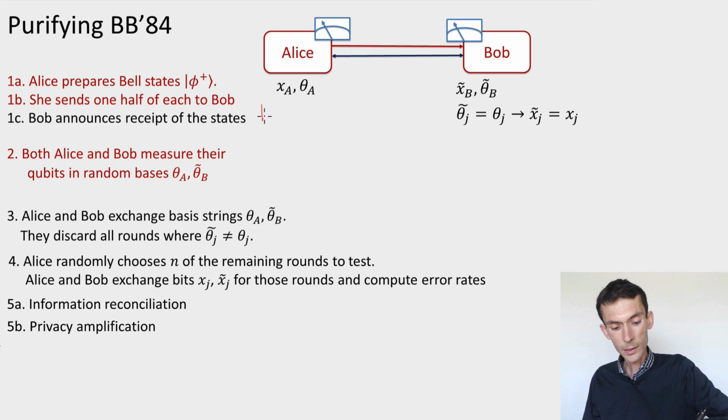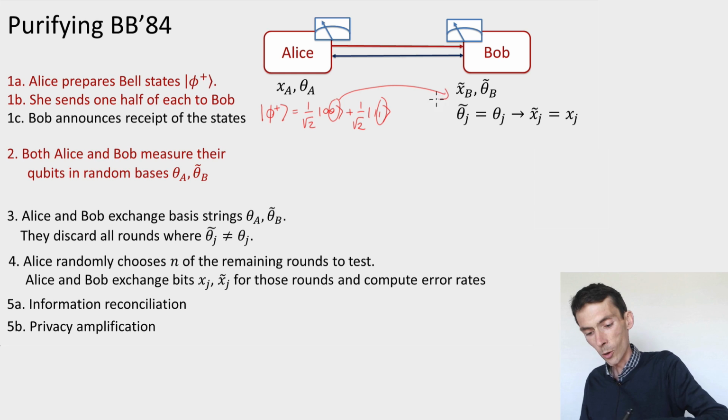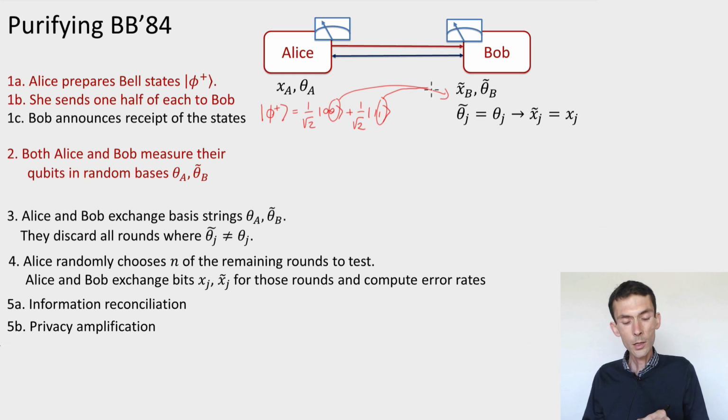So recall that this EPR pair phi+ is equal to 1 by root 2 times 00, plus 1 by root 2 times 11. So she prepares many EPR pairs, and for each EPR pair she keeps one of the qubits and sends the other qubit to Bob. So the second qubit here gets sent to Bob over the public quantum communication channel. Once this is done, Alice and Bob each independently make a choice of random basis and measure their qubit in that basis, recording outcomes xA and xB.